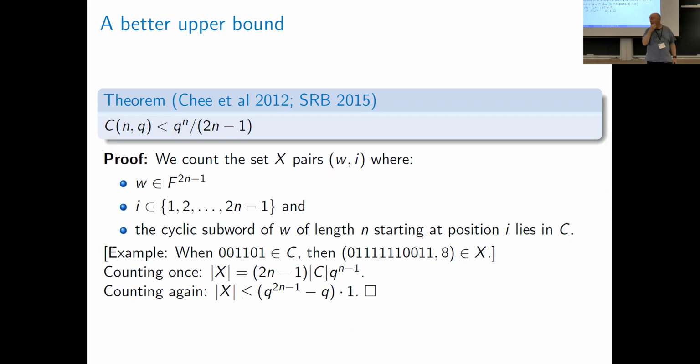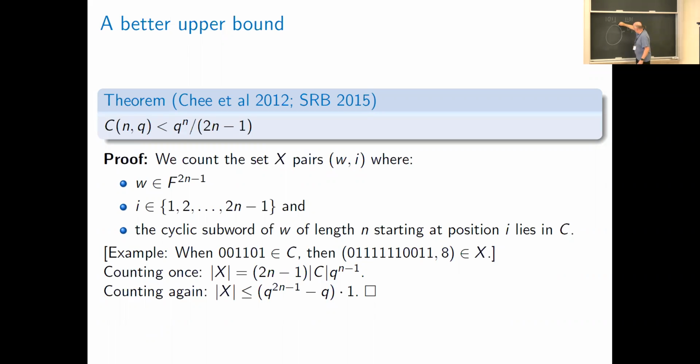Okay. And then there's at most one possibility for i. Because if there were two possibilities, here we've got a circle, W written circularly of length 2n-1.